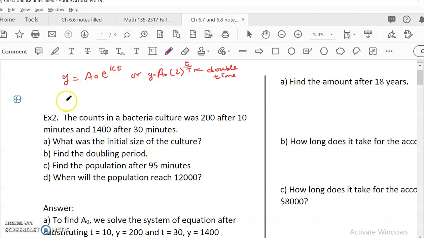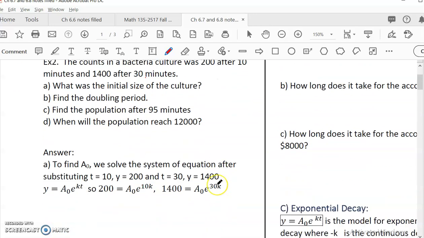This is exactly what we had long times ago when we have two instances and we have to model an exponential function. So we would write the two instances: t equal to 10, y is 200, like a point, and t equal to 30, y is 1400. Substitute into the model that you want, which is y equals a0 e to the kt.